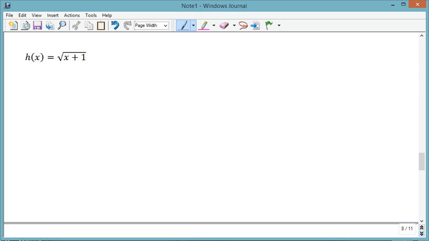So even though if I plug in negative 7 here, I can get an answer, right? So I would have square root of negative 6, which would be square root of 6 times i. I can get an answer, but it's not a real number.